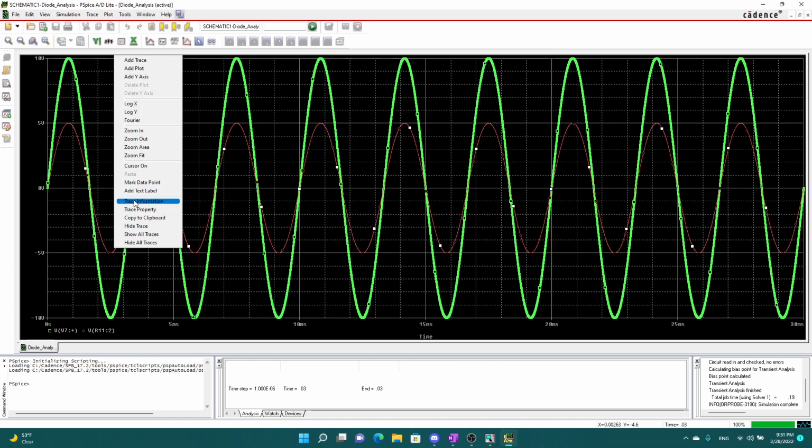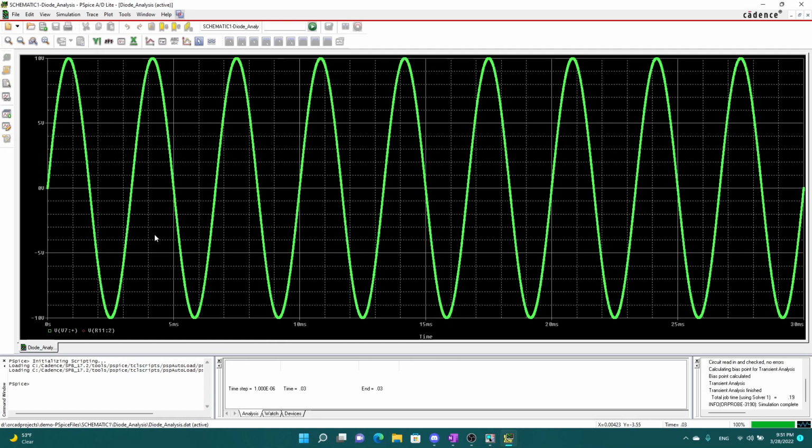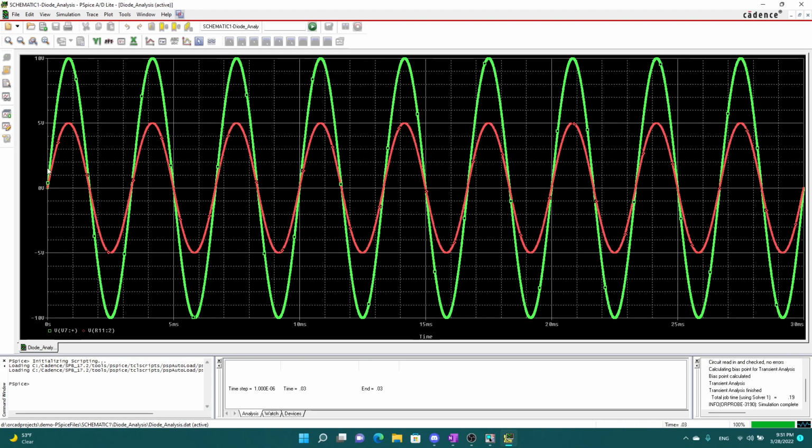And what you'll notice is that the output only goes up to a certain value. It doesn't go up to 10 volts, it goes up to 5 volts.